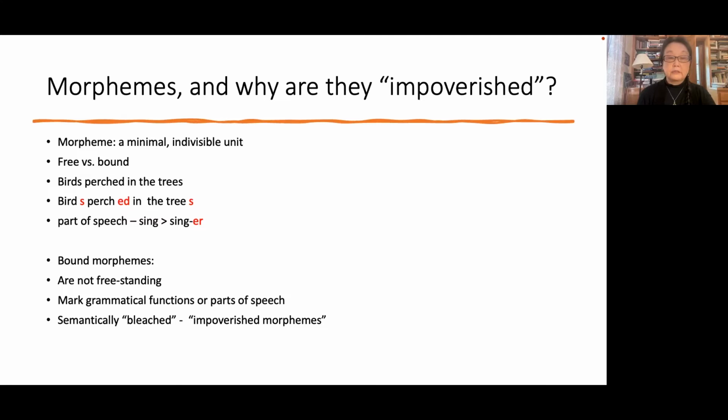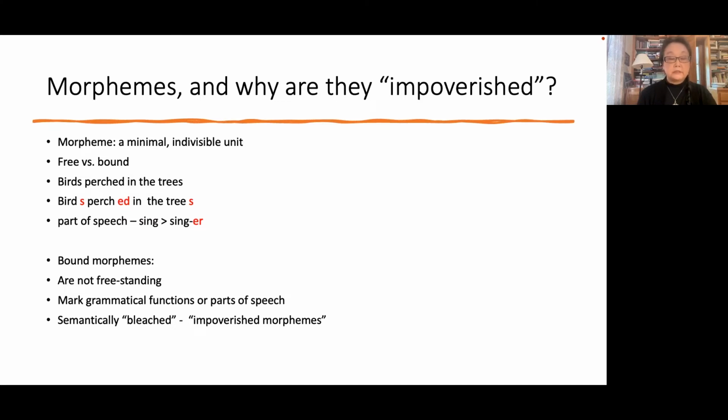It contains a morpheme "bird" and an "s" to indicate grammatical number. Similarly, "trees" is "tree" and "s." And "perched" is a conjugated word form, and "perch" is a dictionary entry. It's a morpheme, but a different kind of morpheme. And "ed" is the tense marker.